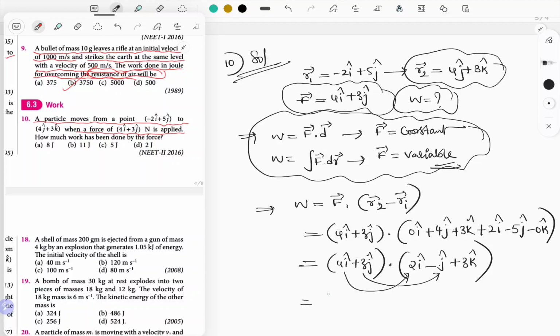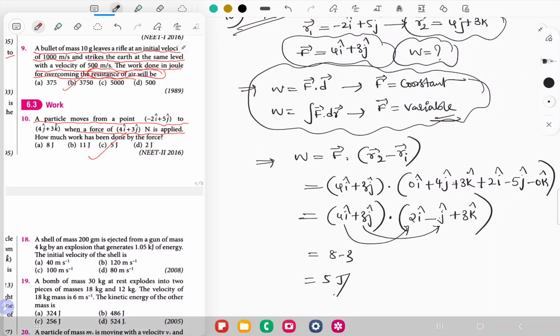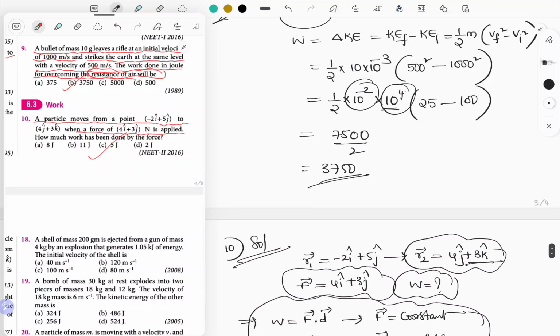It's going to be 8 minus 3, which is equal to 5 joules. This is the answer. So which option matches? Option C. Check out carefully, here we have made a mistake. Okay, well, let's move on to the next question.